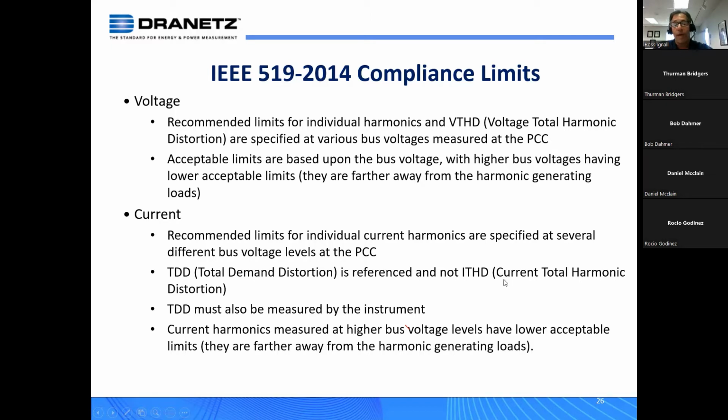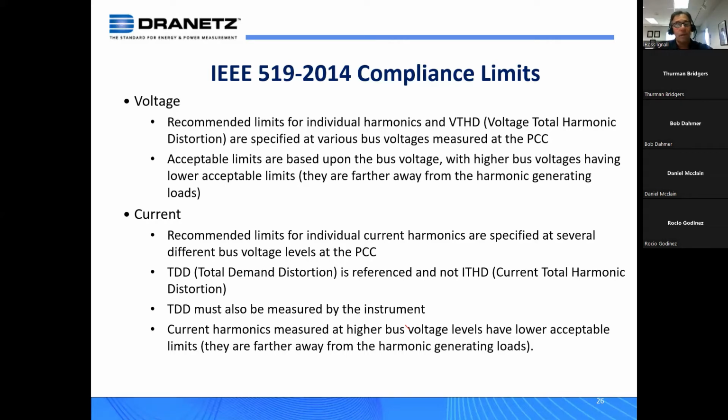And the reason for that, and we'll touch on this when we get to our energy efficient lighting section, is that ITHD is just a number and it's a percent. It doesn't take into account the size or the capacity of the system. TDD takes into account the capacity of the system. So for ITHD, I can have a very high harmonic content on very small loads in a system, and it looks bad.